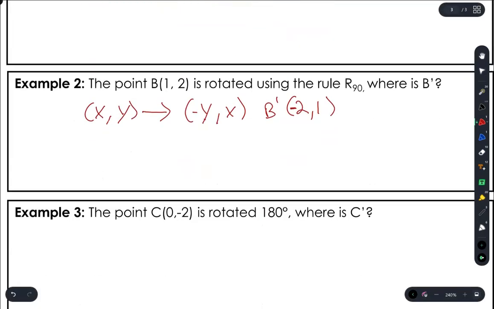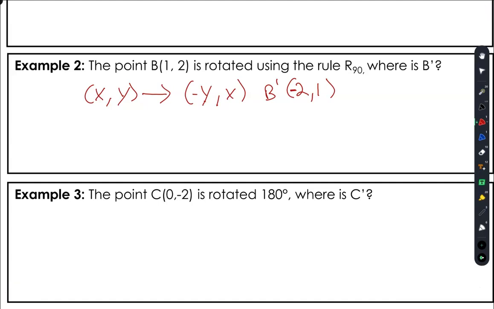Take a look at example 3 and see if you can do that one. And here's the rule for that. Negative and negative.